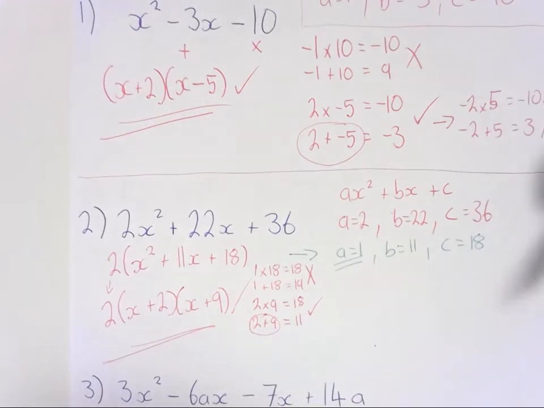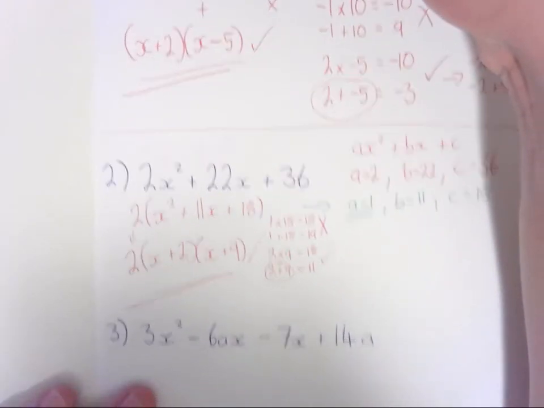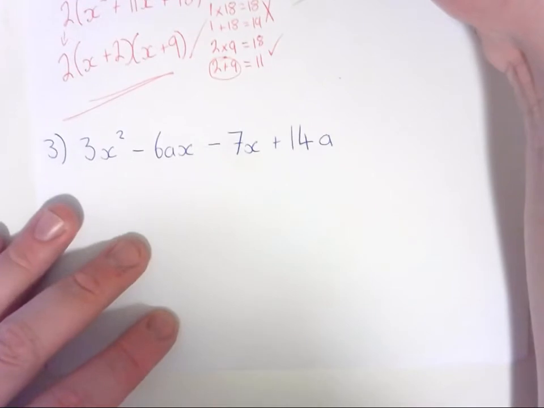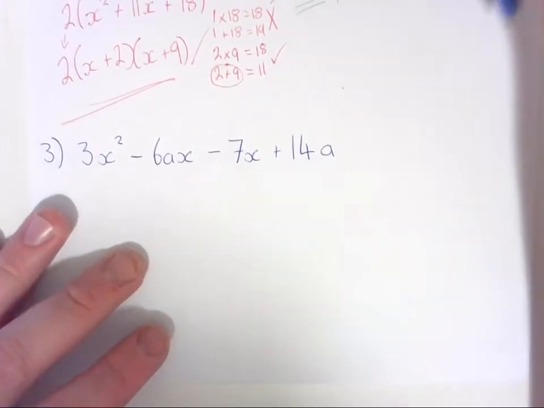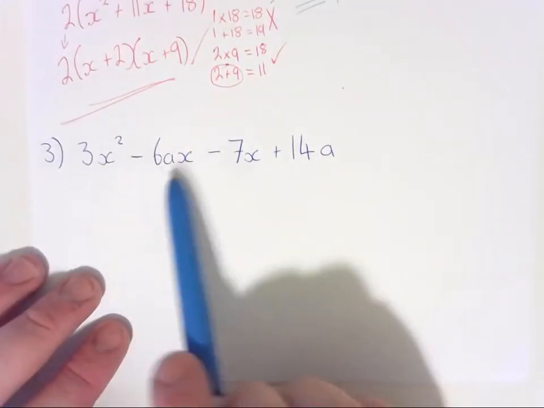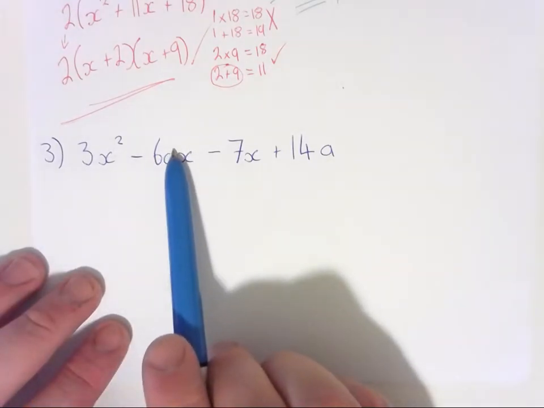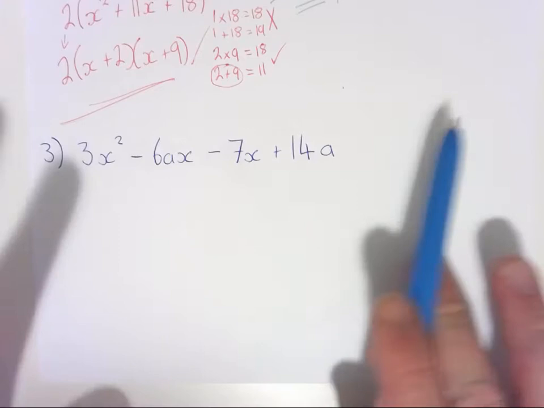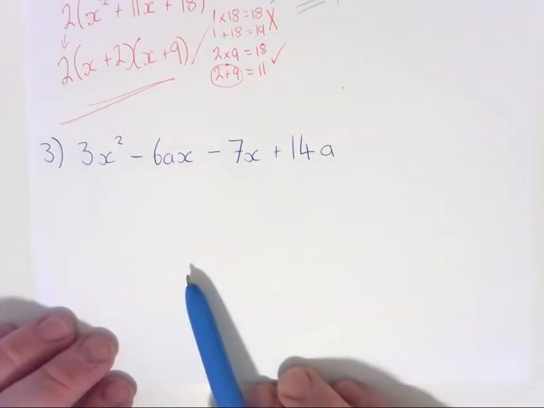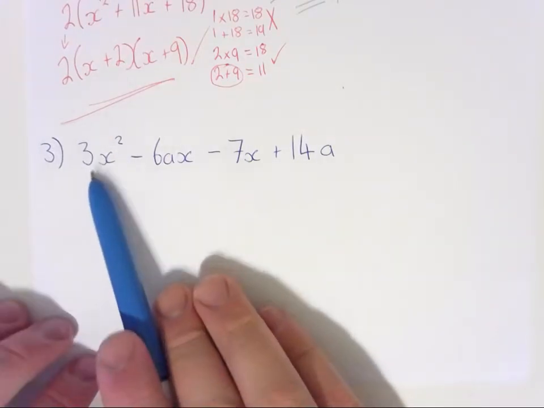The next thing I'm going to look at is a little bit trickier. With this sort of question, we've got 4 terms, and we've got this extra variable A. Again, first thing we need to look at is, do they have any common factors?